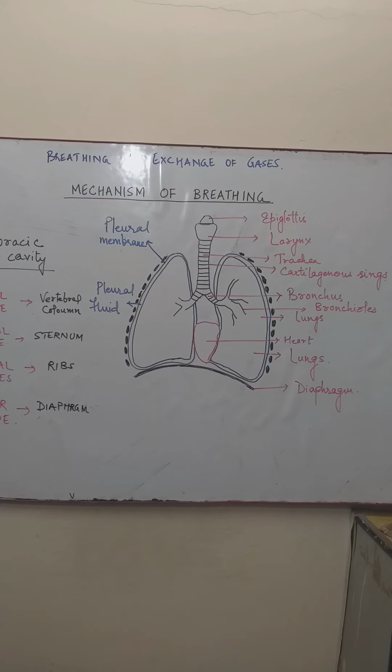These alveoli are the main sites of respiration, and the lungs are covered by a very thin membrane which is known as the pleural membrane. This pleural membrane covers the entire surface of the lung, and within that pleural membrane is present the pleural fluid.